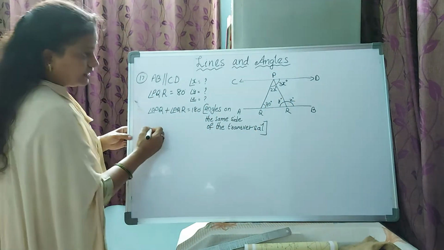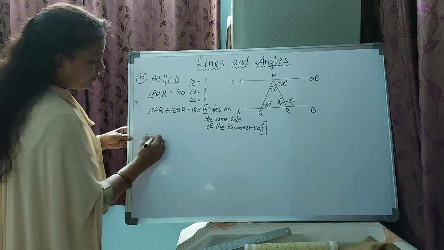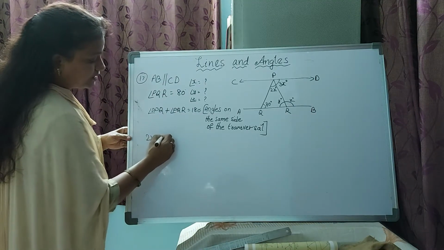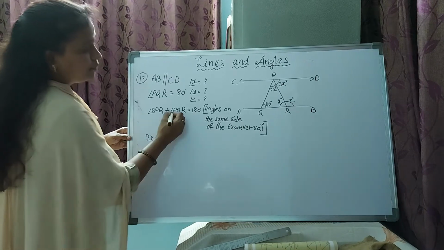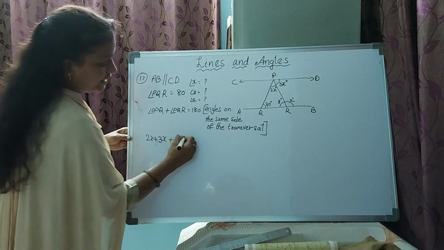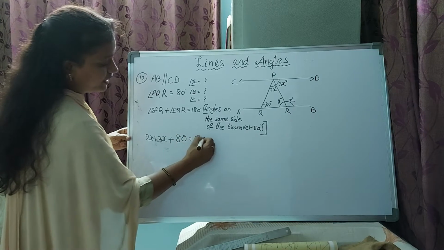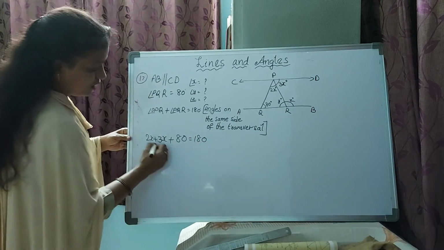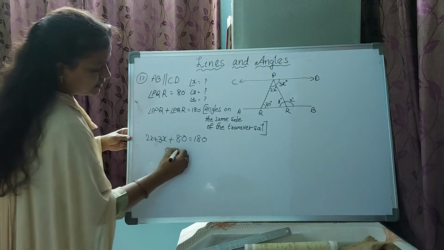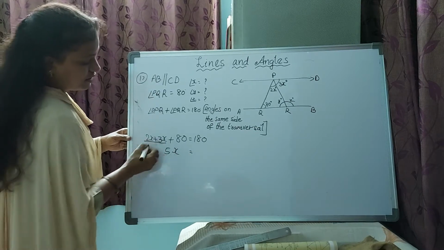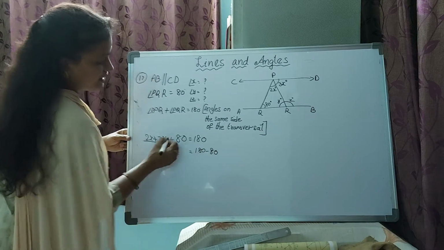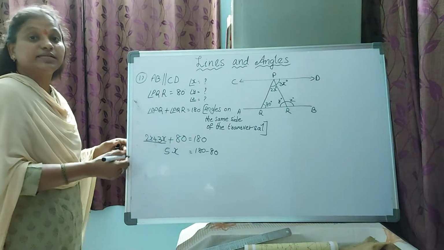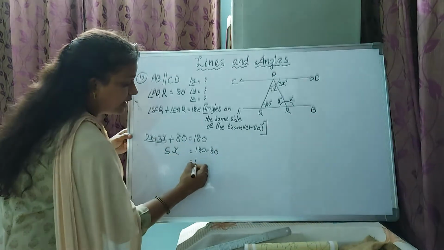DPQ is 2x plus 3x, plus PQR is 80, equals 180. So this is 5x. If you transpose 80 to the right-hand side, it becomes minus, so 100.